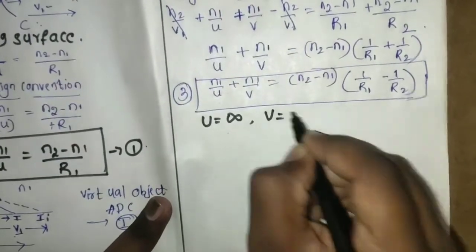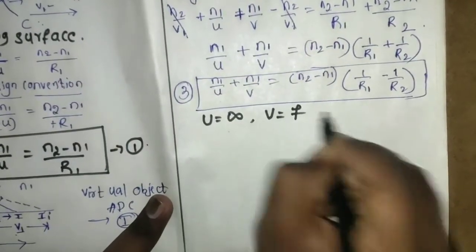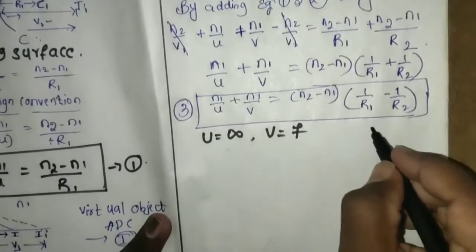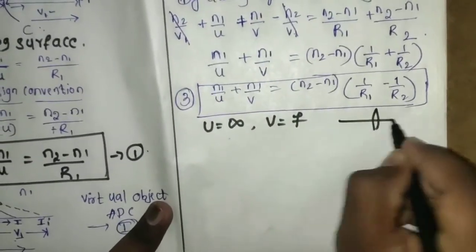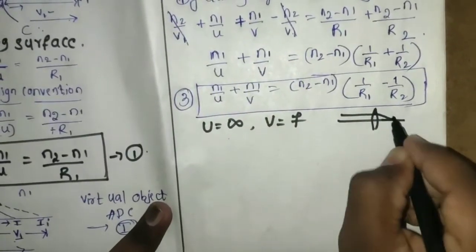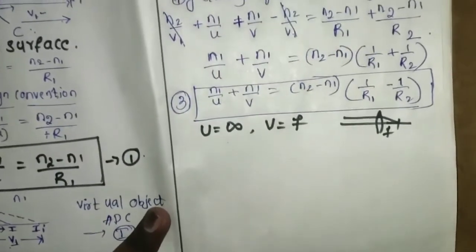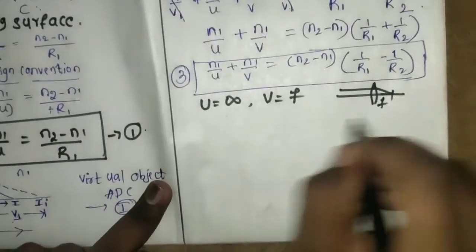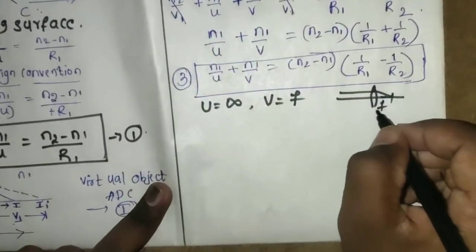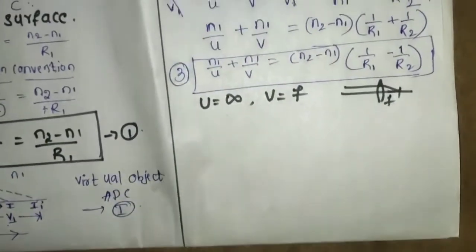Now I will take one assumption, that is if an object is placed at infinity, the image is formed at the focal length, or at the principal focus. The distance of the image formed at the principal focus is called the focal length.